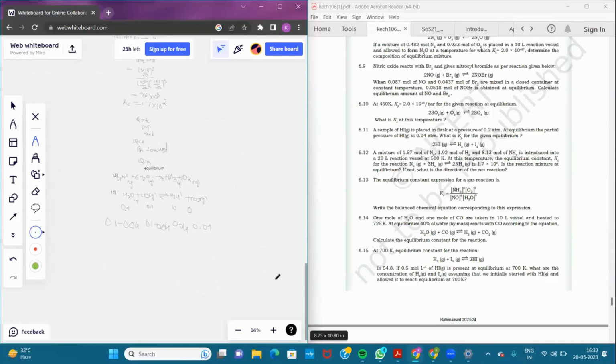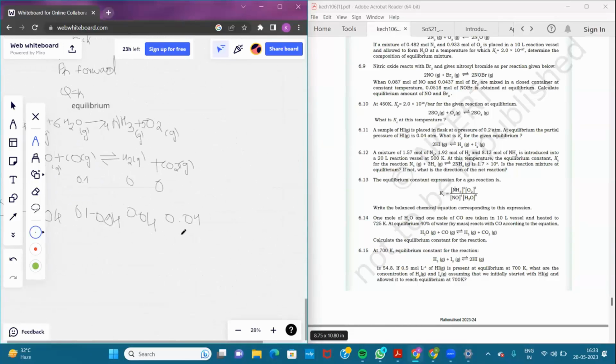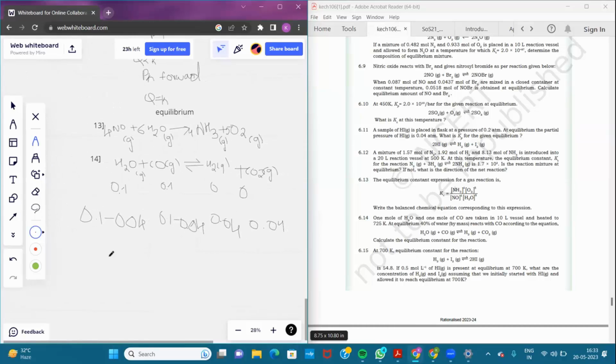The equilibrium constant Kc would be the concentration of H2 into CO2 by H2O.